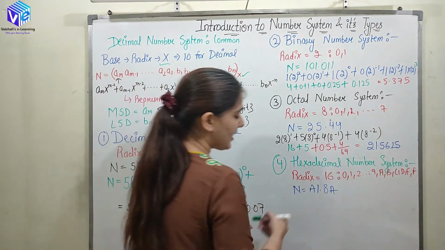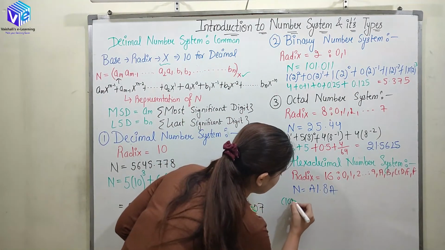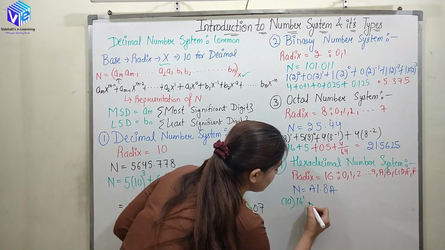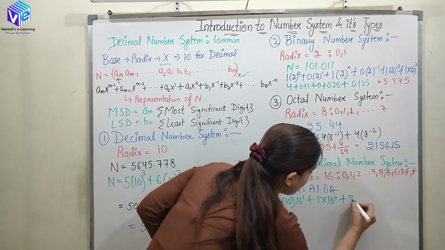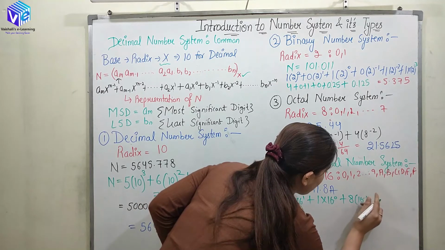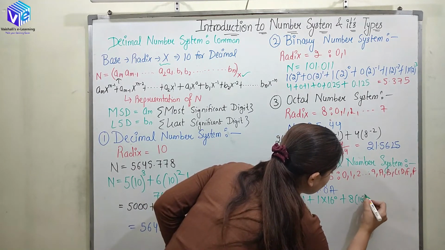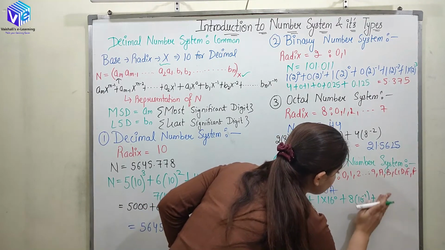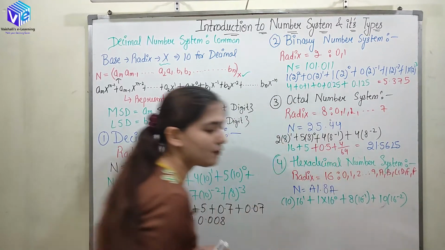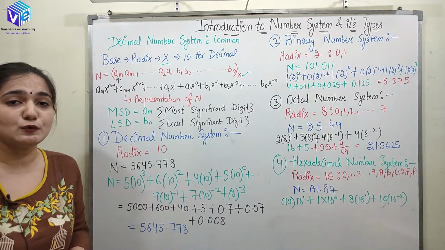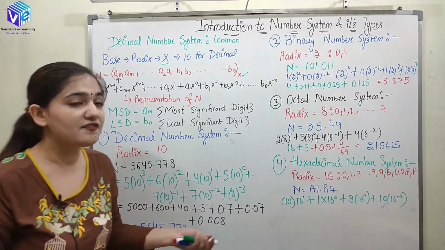So now what is A? A is representing my 10th position. So 10 into 16 raised to power 1 plus 1 into 16 raised to power 0 plus 8 into 16 raised to power minus 1 plus A. This is A again, 10 into 16 raised to power minus 2. Now 16 raised to power minus 2 is 1 upon 256.